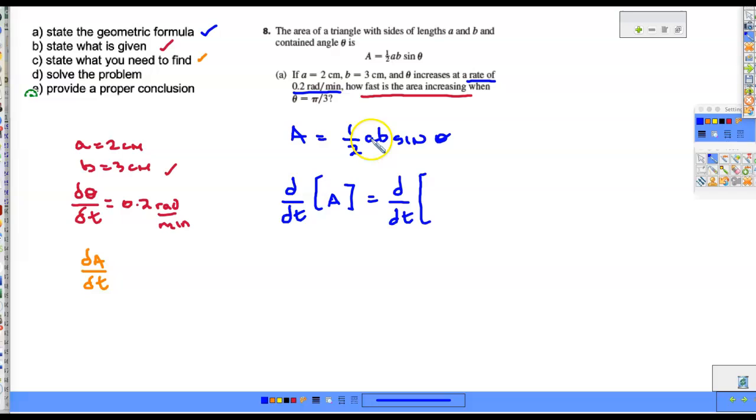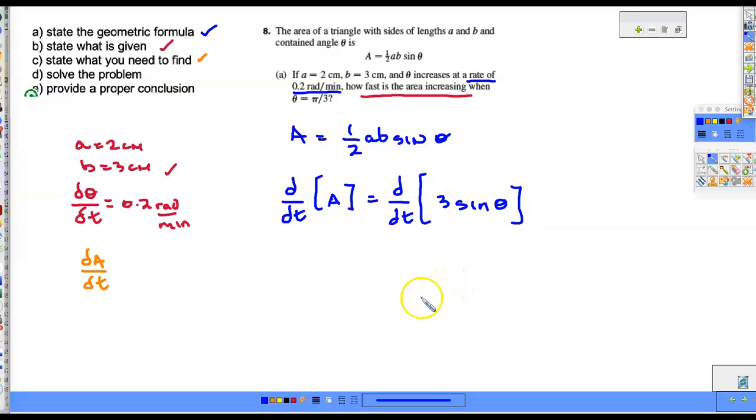Since we know that a and b are given, when you multiply that, that's going to give you 6 divided by 2, and you're going to simplify this to be 3 sine theta.